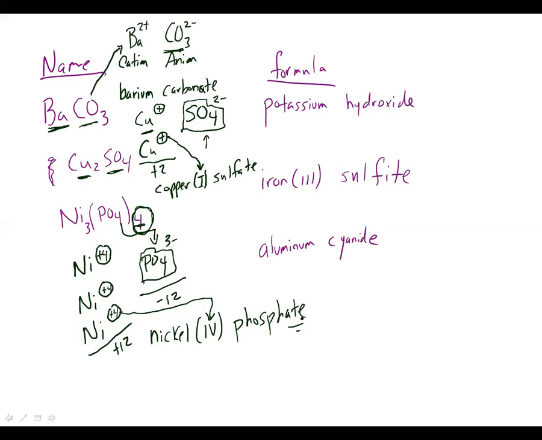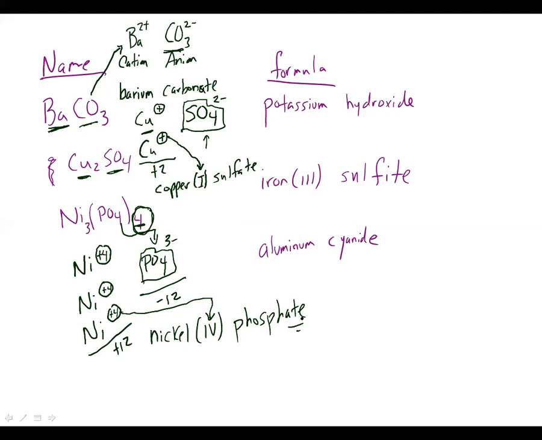So the question is, why does nickel go up so high? Sometimes it can. A lot of those transition metals are those guys just to the right. For example, lead, which is not really a transition metal, but if you look on the periodic table, it's just to the right of it. Lead, for example, could be lead 2 with a +2 charge, could also be lead 4. So common charges for transition metals and those guys like lead and tin are +2s, +4s, +3s.